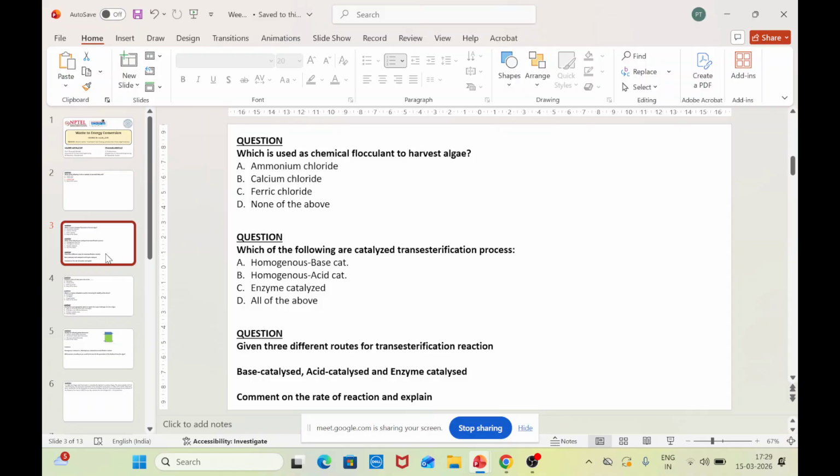Which of the following is used as a chemical flocculant to harvest algae?